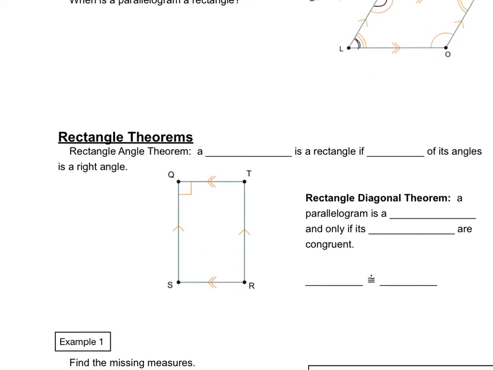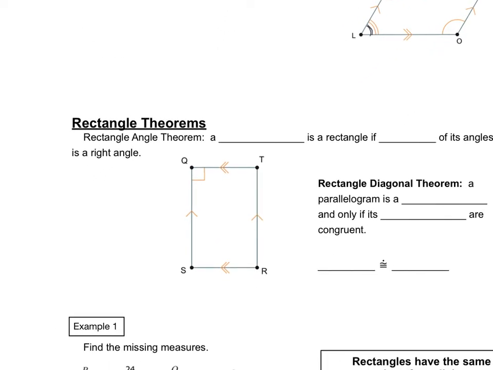As such, the rectangle angle theorem says a parallelogram is going to be a rectangle if one of its angles is a right angle. Because if one of these angles is a right angle, we know that angle Q plus angle T is going to be equal to 180 degrees.